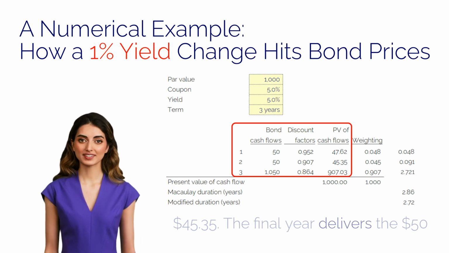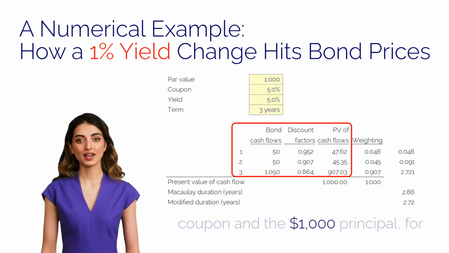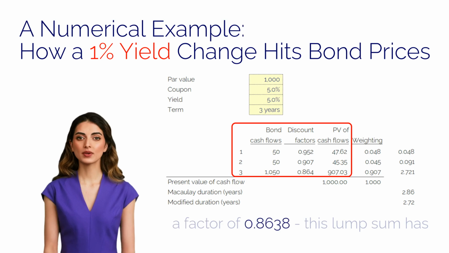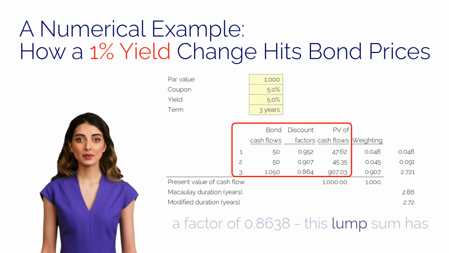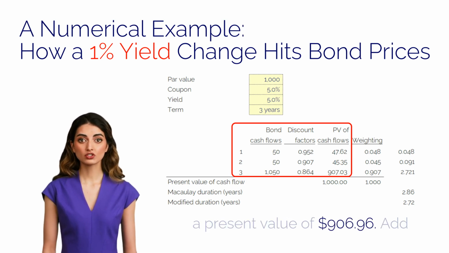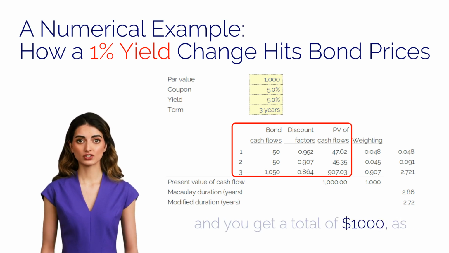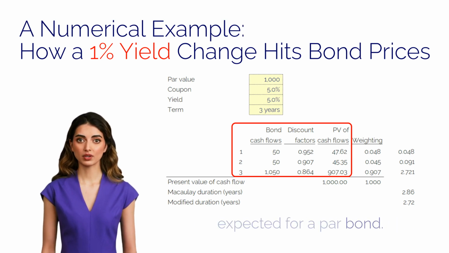The final year delivers the $50 coupon and the $1,000 principal, for a total of $1,050, discounted at a factor of 0.8638. This lump sum has a present value of $906.96. Add these three present values together and you get a total of $1,000, as expected for a par bond.